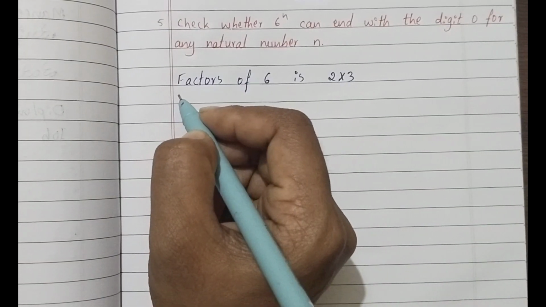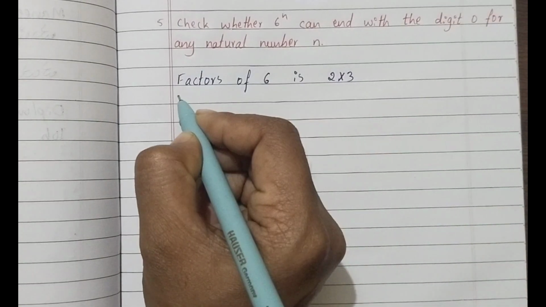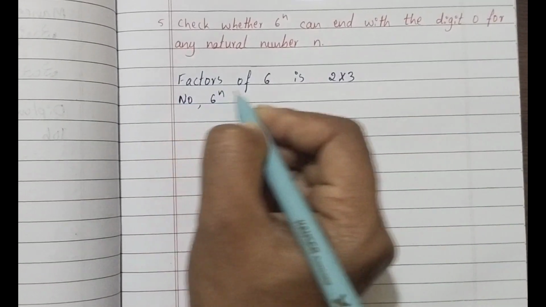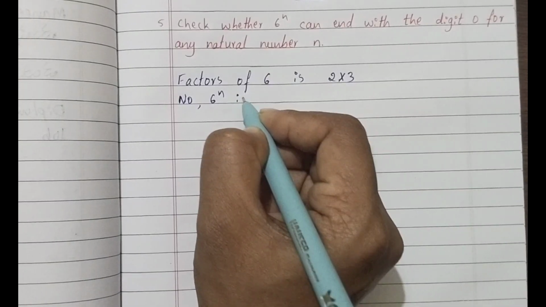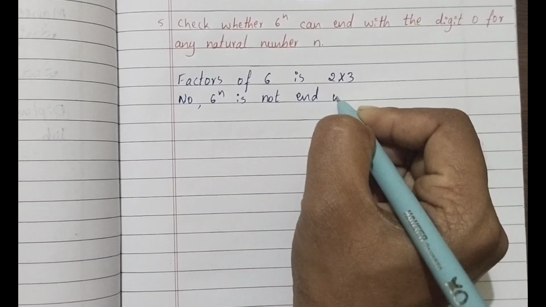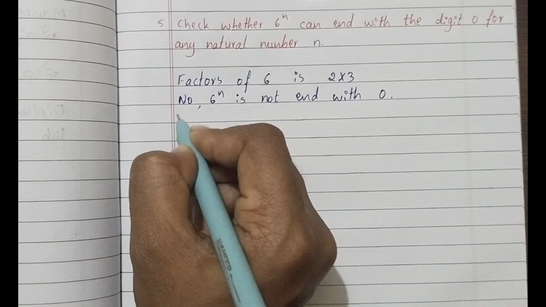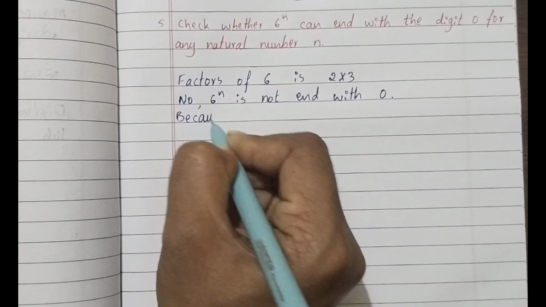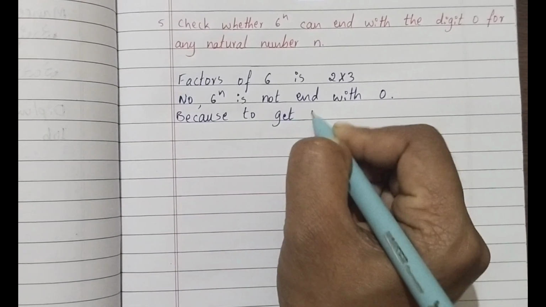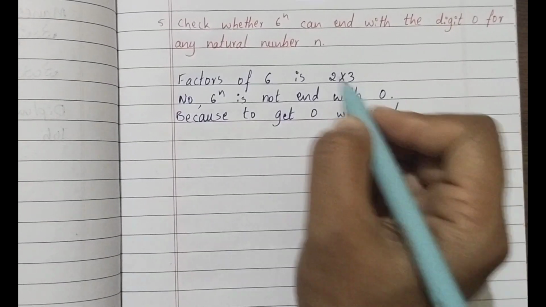If 5 is not there, we have to consider that the number does not end with 0. In 6 to the power n, the factors do not include 5. So we have to write no, 6 to the power n does not end with 0. Why? Because we know that in the factors of 6 there is no 5, and to get 0 we need another factor.